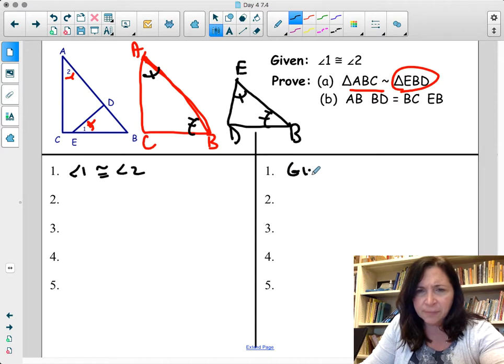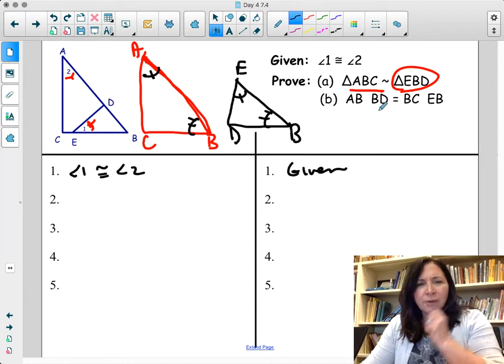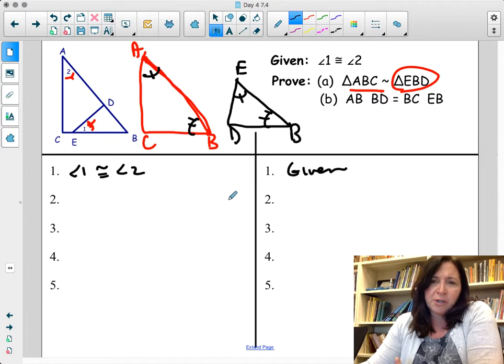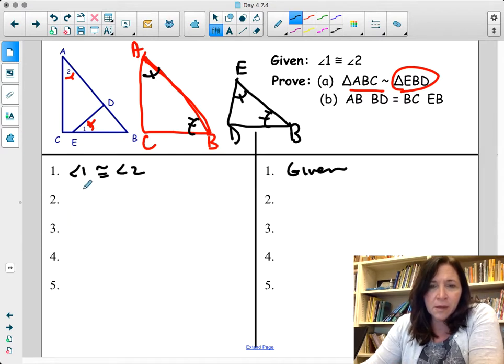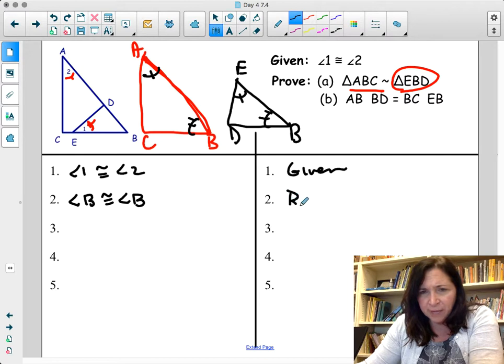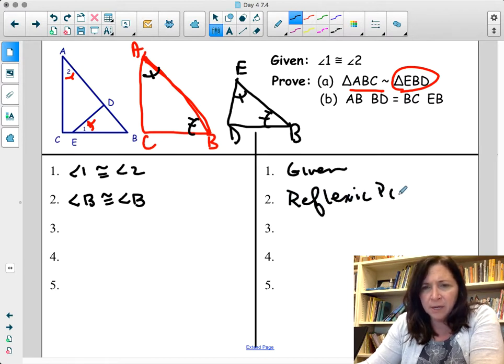That's just given, all right? But you also know that they didn't tell you this, but you should know that angle B is congruent to angle B, and that's because of the reflexive property of congruence.